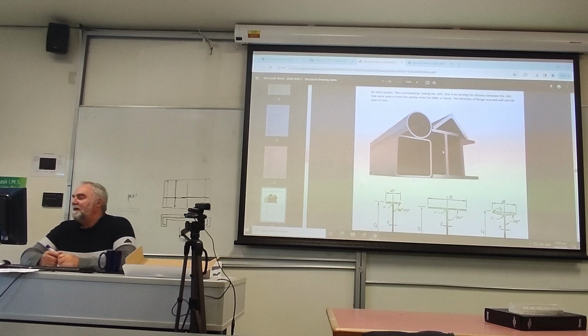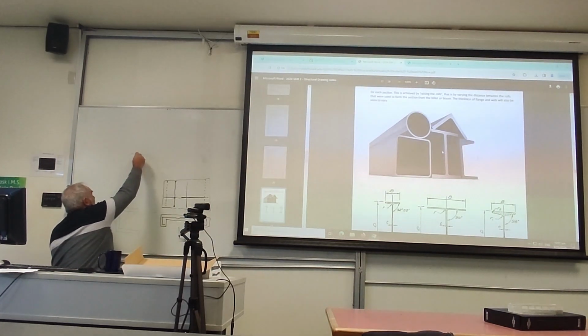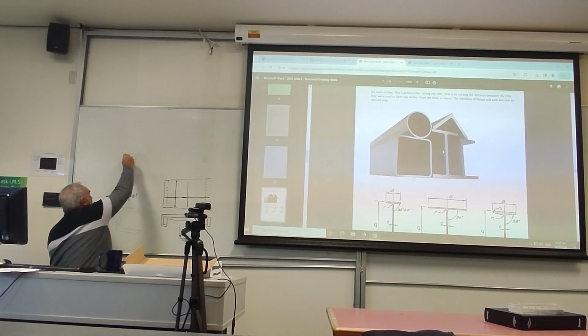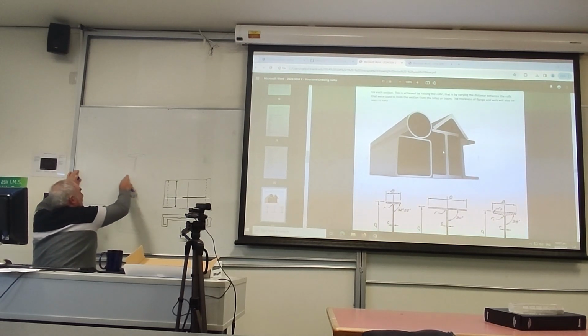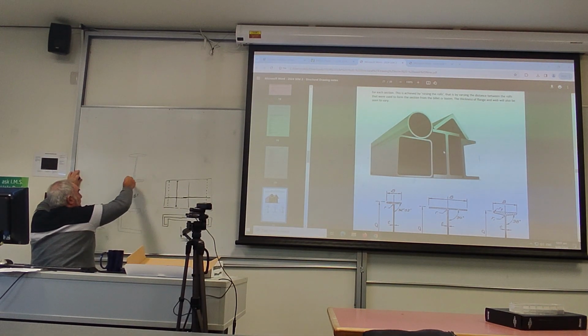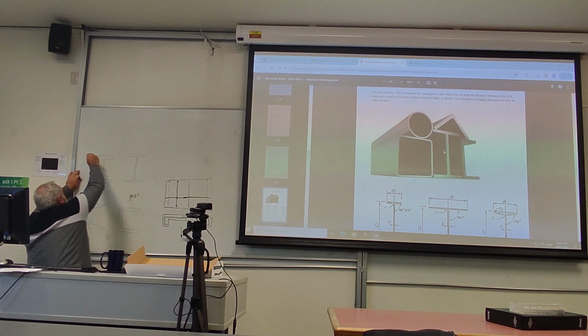The difference between a beam and a column is normally a beam is very thin on the flange, and the beam is usually quite a lot taller than it is wide, whereas a column is similarly fat as it is wide as it is high. So it's a bit more square looking.